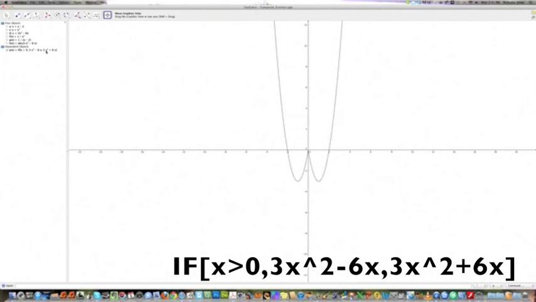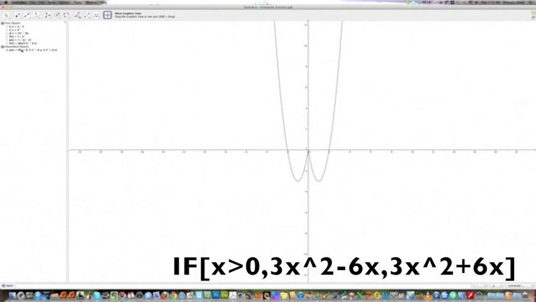If I put a negative on x for x squared, it's not going to change anything, because negative x squared is still x squared. If I put a negative on the x from the negative 6x, it's going to be negative 6 times negative x, which is a positive 6x. So for my second condition, I've changed to 3x squared plus 6x. What this if statement does is say if x is greater than 0, display the original graph, 3x squared minus 6x. If it's not greater than 0, meaning it's less than 0, display 3x squared plus 6x.